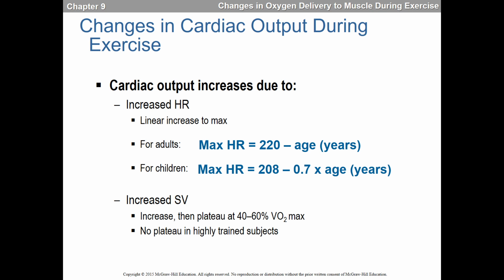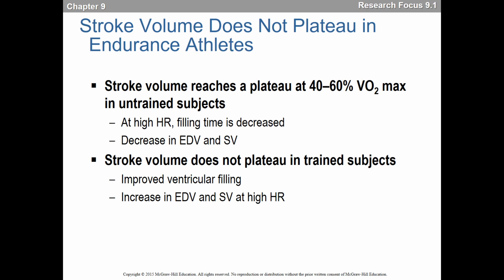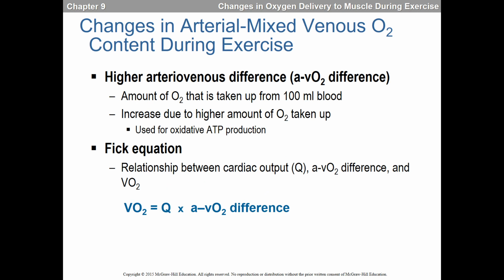But there might be some adaptations from a better Frank-Starling mechanism, more sympathetic nervous system stimulation, different things like that might actually impact that quite a bit. So here, you can read about this if you're interested, but 40 to 60% stroke volume plateau in untrained individuals, whereas there doesn't seem to be much of one in highly trained, and I'm saying super highly trained individuals. So there's that.